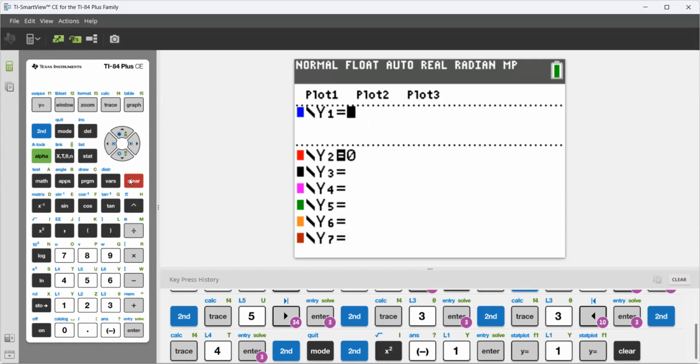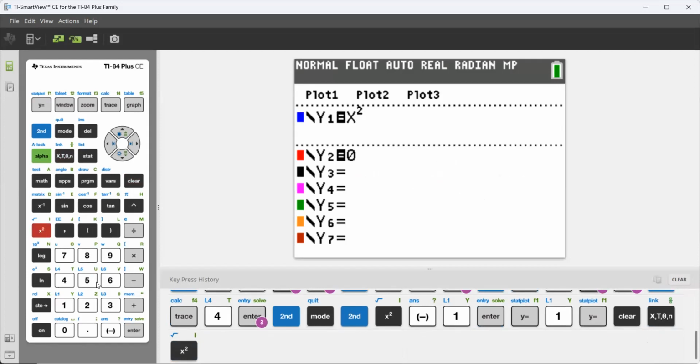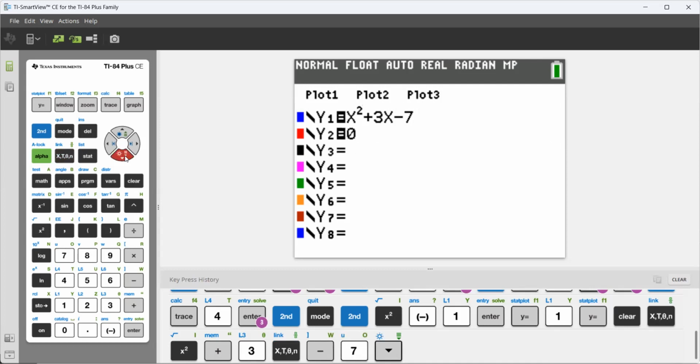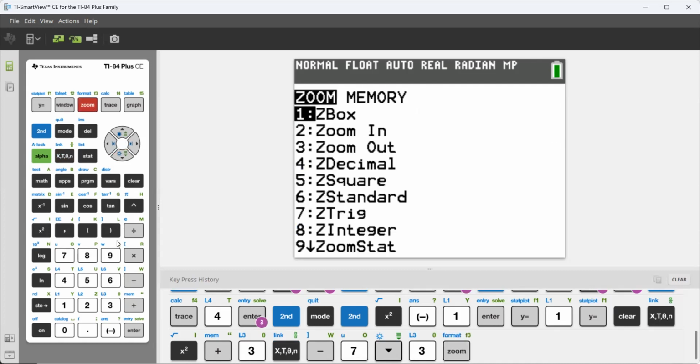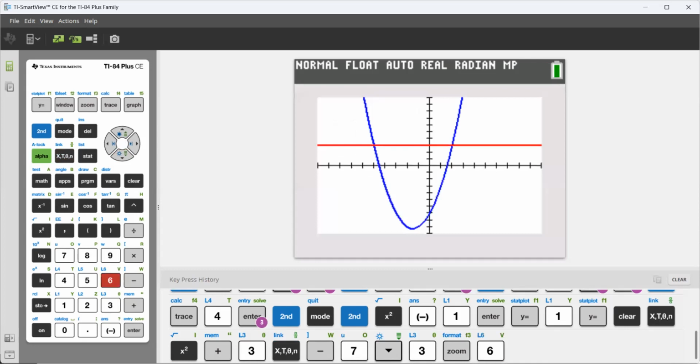So my y1 is x squared plus 3x minus 7. I think it's a minus 7. And then remember, my y2 is going to be 3. I'm going to use a standard window, Zoom 6. So there's what I have.